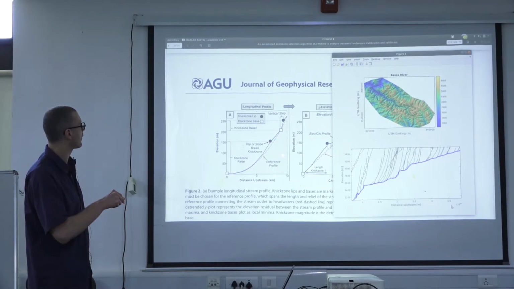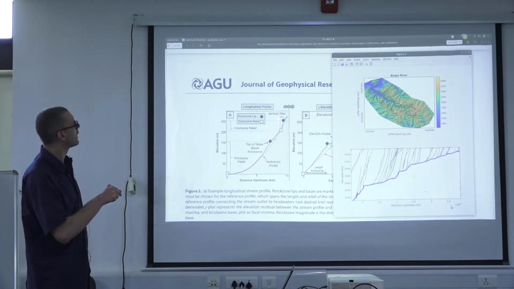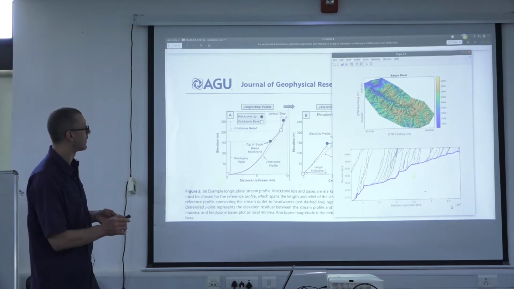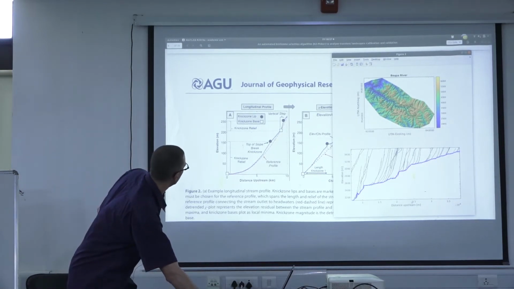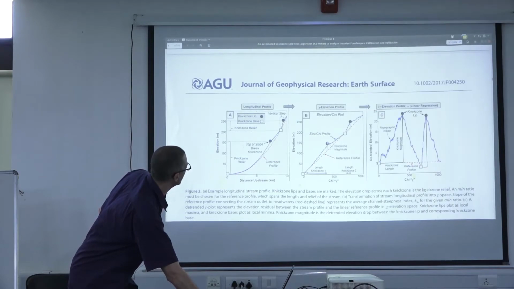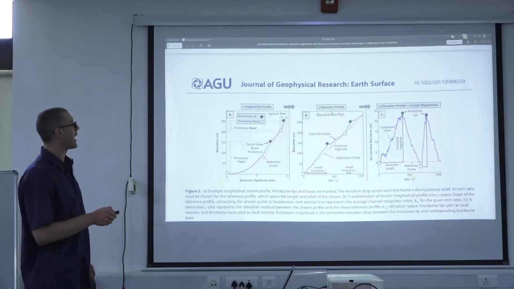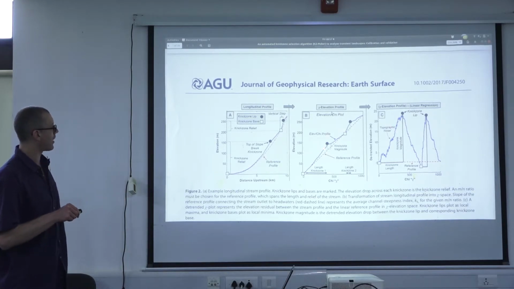So this is where the nick zone occurs. And then we can also measure the vertical step. For example, for the next nick point, the vertical step from here to here is the nick point height, right? Those are pieces of information we can take off the longitudinal river profile, and we would have the same information in the chart plot, right?